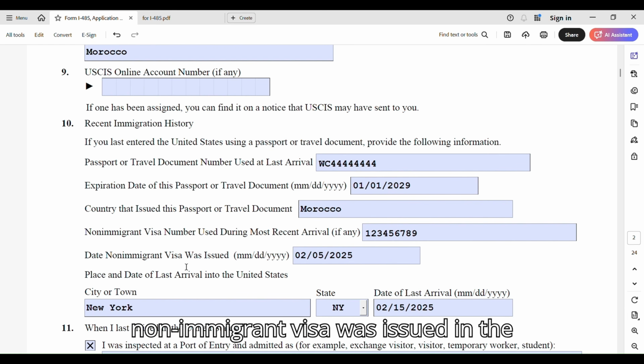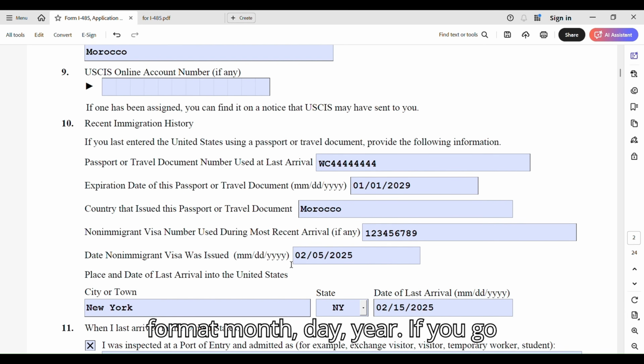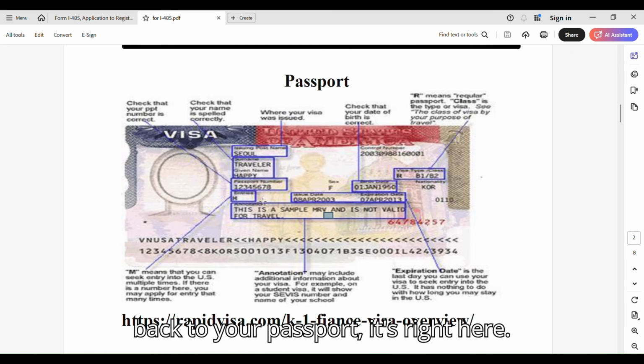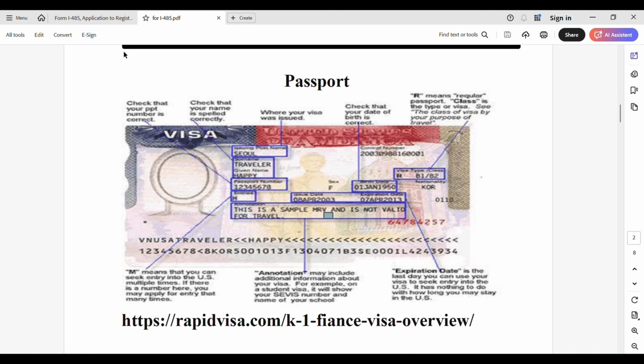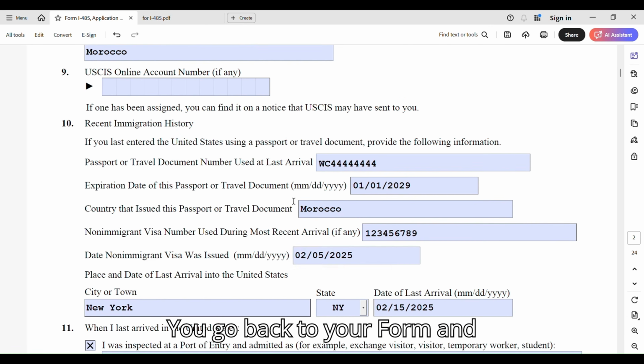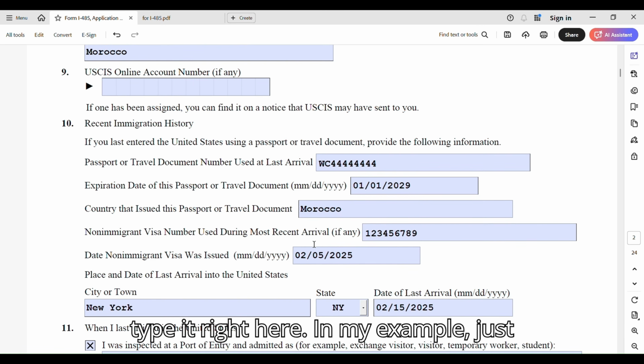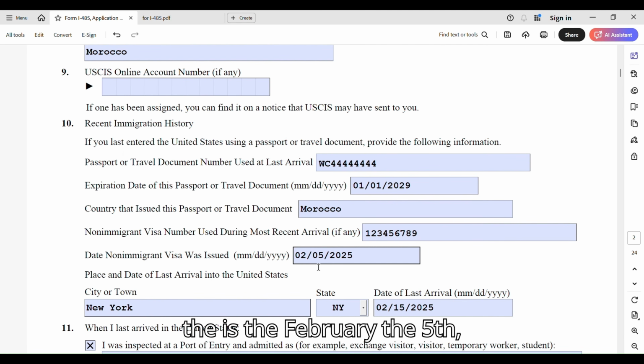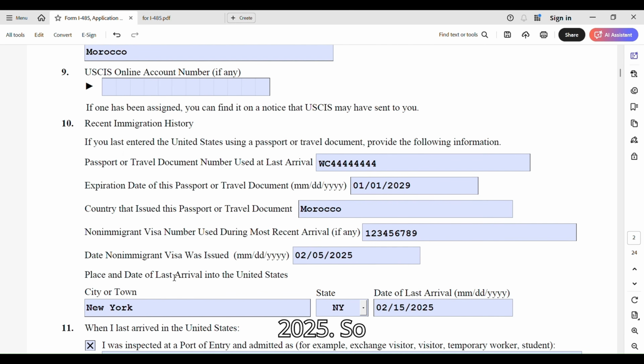Date non-immigrant visa was issued, in the format month, day, year. If you go back to your passport, it is right here. This is the date issued right here. You go back to your form and type it right here. In my example, it is February the 5th, 2025.